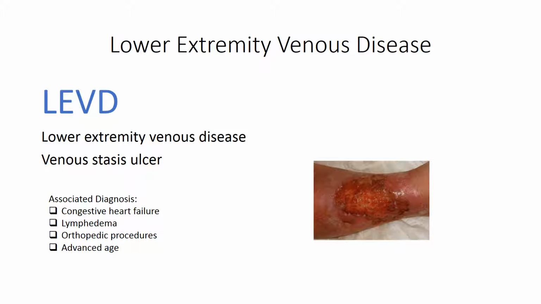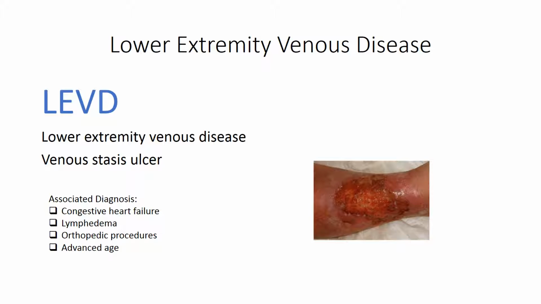The lower extremity venous disease, we discussed this on our last presentation, known as LEVD. These patients have associated diagnoses like congestive heart failure, lymphedema. They could have had orthopedic procedures or advanced age.